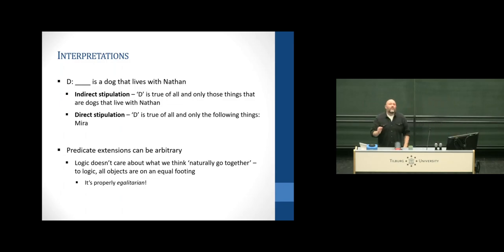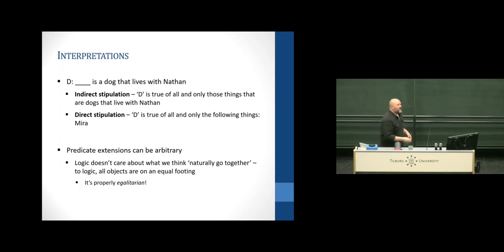So instead of indirect stipulation, what we can do instead is directly stipulate. When we directly stipulate an extension, we just give a list. And the list we give are the objects from the domain that we are going to say satisfy the property.